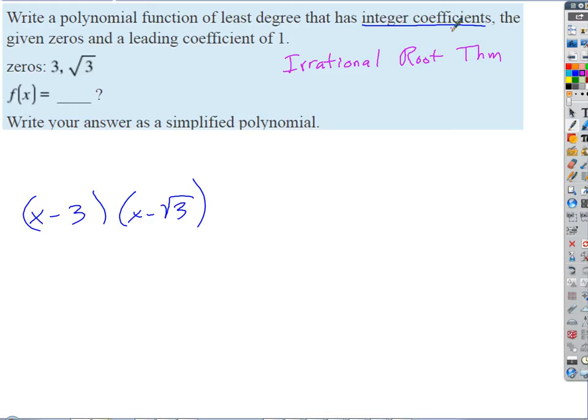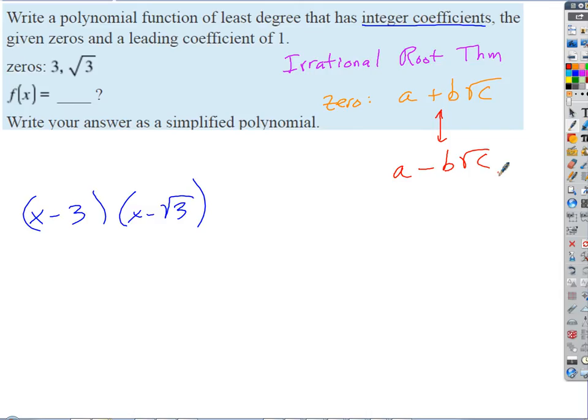If I want that to happen, then if there's a zero in the form a plus b times the square root of c, if x is equal to something like that, where a, b, and c are just numbers, then there also has to be a partner. They have to come as a pair. You have to have the conjugate of that zero.